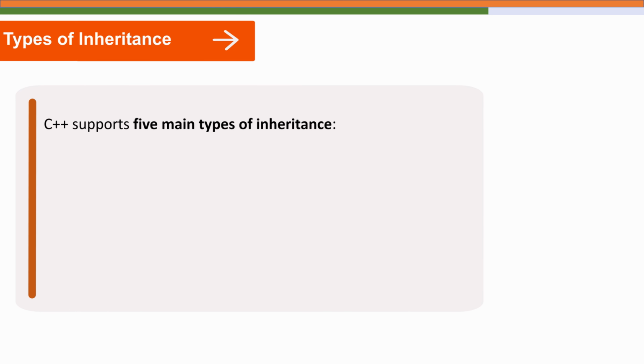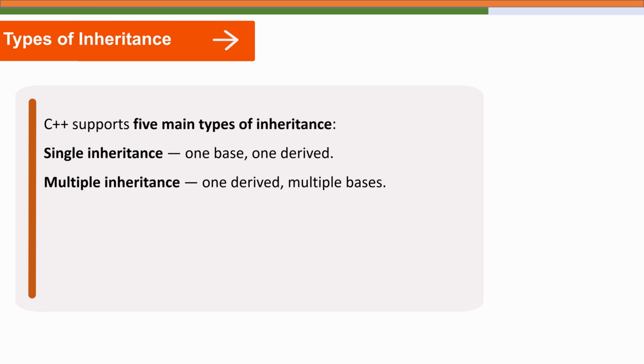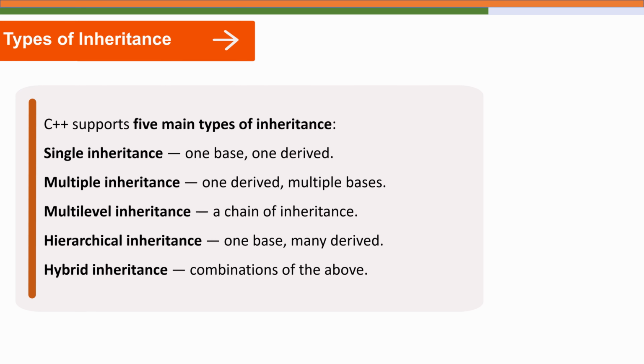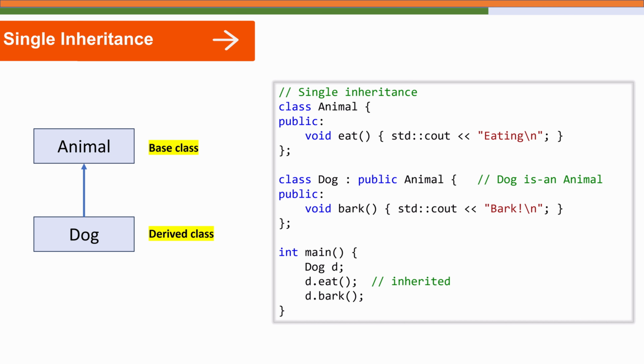So C++ supports five main types of inheritance. Single inheritance with one base class and one derived class, multiple inheritance with one derived and multiple bases, then multi-level inheritance, which is a chain of inheritance, hierarchical inheritance with one base and many derived classes, and finally hybrid inheritance, in which there is a combination of the above mentioned categories.